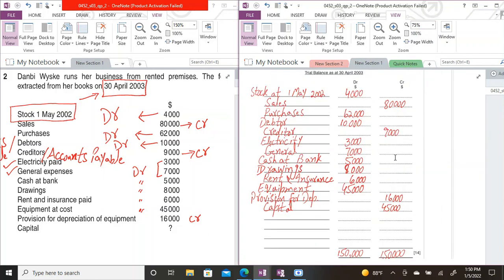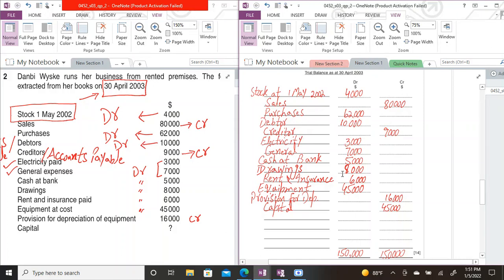So trial balance, we can prepare this trial balance at the end of the month, at the end of the year, at the end of the week, because this trial balance is helpful in preparing the financial statements. What are financial statements? To make the income statement and financial position. And financial position is also called as a balance sheet.